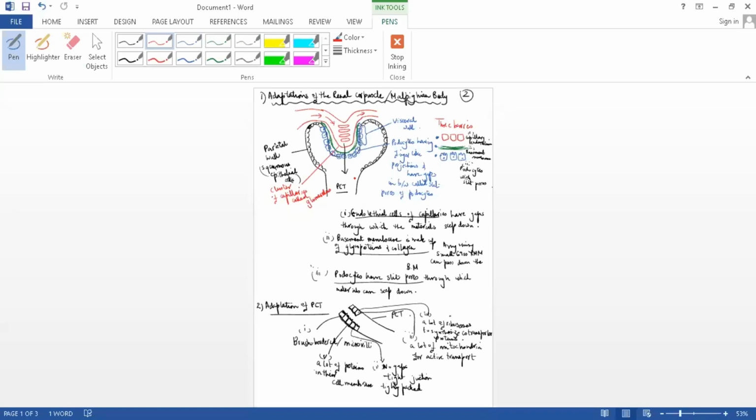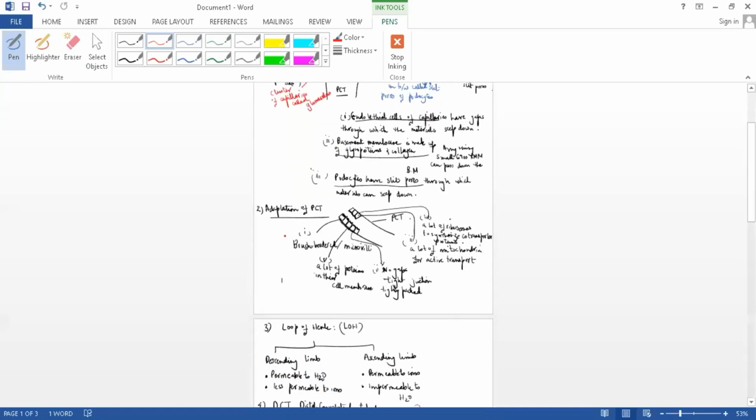So maximum things pass from the blood into the Bowman capsule and then the proximal convoluted tubule. Next are the cells of the proximal convoluted tubule. They are brush bordered with a lot of microvilli, and they have a lot of proteins, including co-transporters and other proteins for the absorption of ions. Ions are either actively transported or diffuse in.